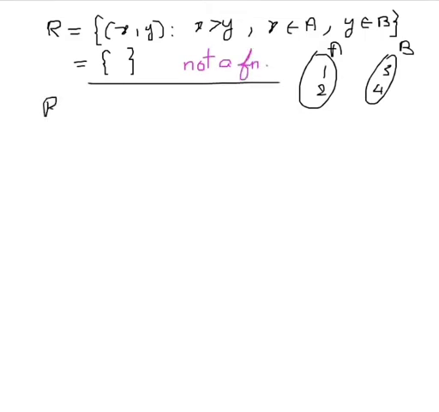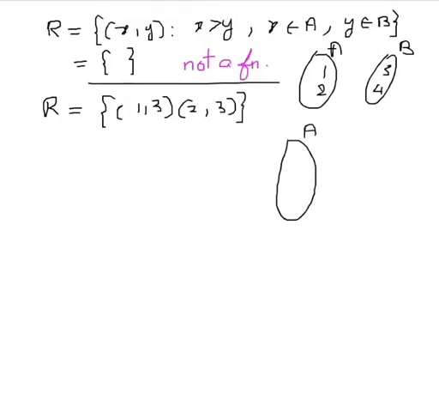Let us consider another relation R. Let me write it in roster form: (1, 3) and (2, 3). A is {1, 2}, B has 3 and 4. 1 is related to 3, 2 is related to 3. Is this a function?